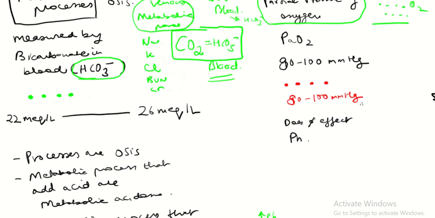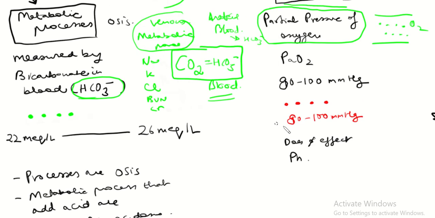Now, here's a question that comes up. Hey, Prashant, I thought I had hemoglobin and the oxygen was attached to the hemoglobin. The answer is yes. There's oxygen that's attached to hemoglobin and there's oxygen that's dissolved in the plasma of the blood. Two, you need oxygen dissolved in the plasma, and then the circumstances dictate when that oxygen binds to that hemoglobin or leaves that hemoglobin.